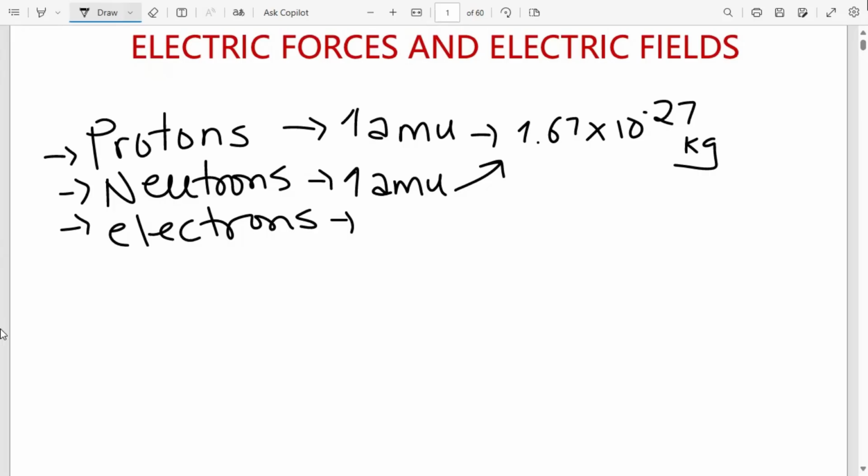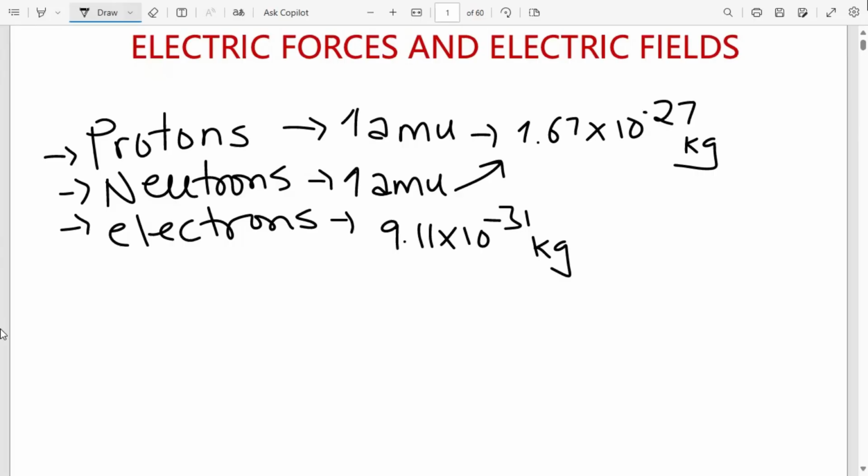Also, the mass of an electron is just about 9.11 times 10 to the power minus 31 kilograms. And you can tell that this is actually much lighter than the protons and the neutrons that are located in the nucleus of our atom.